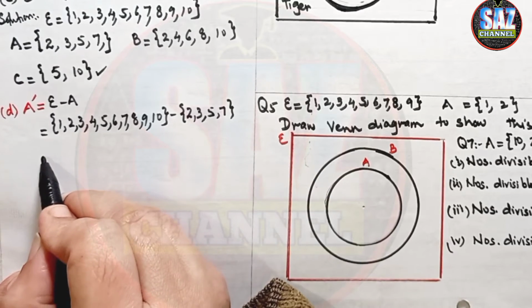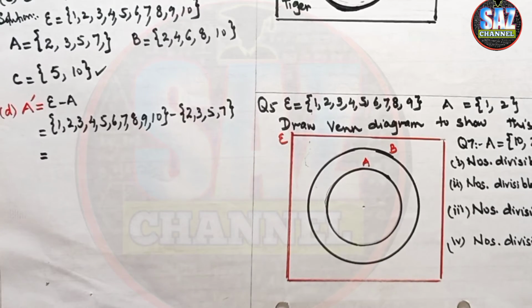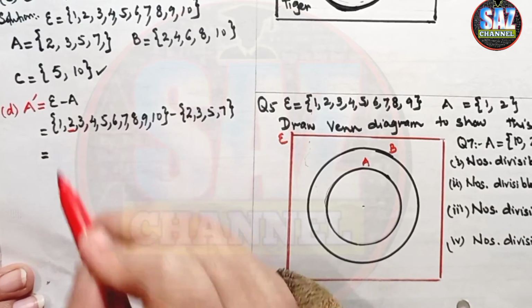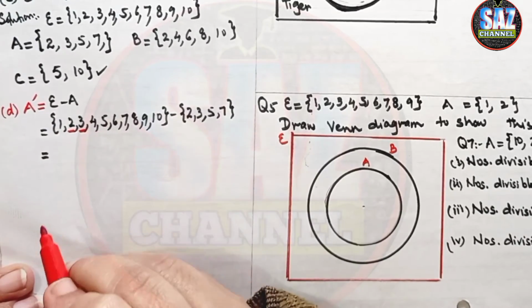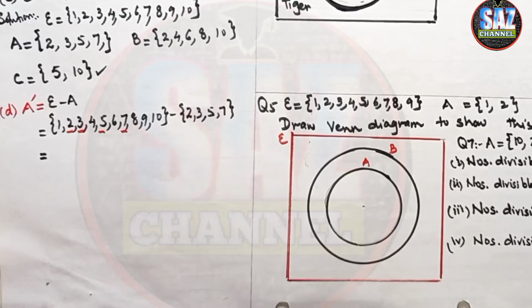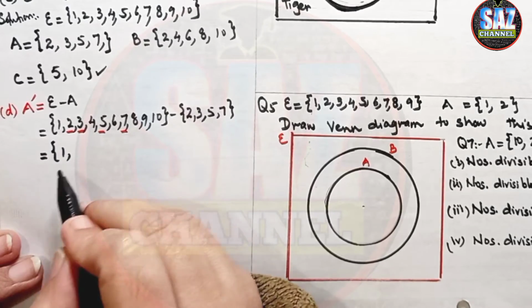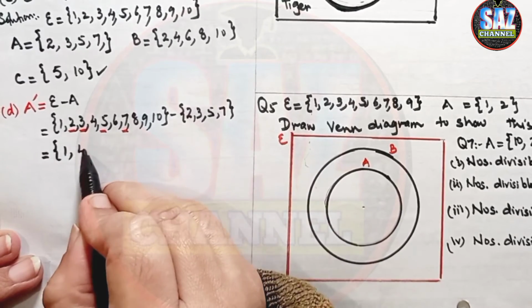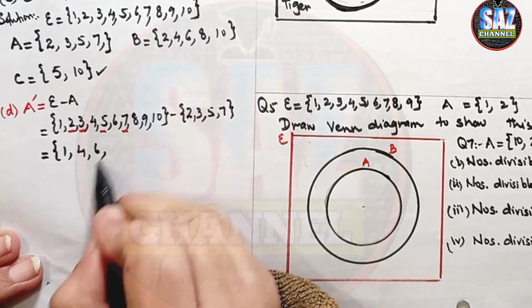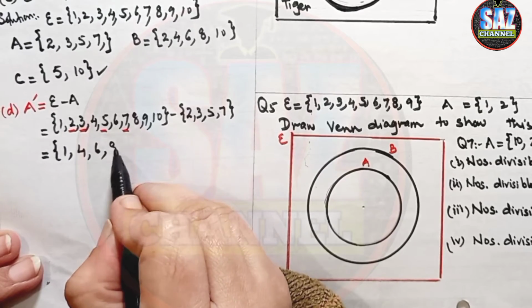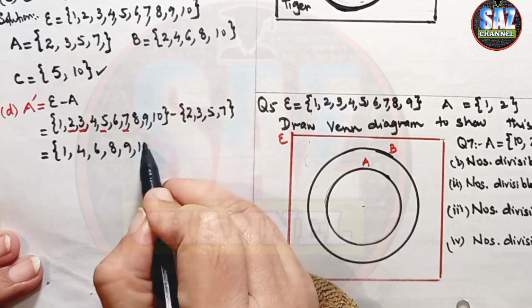Now the definition of the complement is the remaining elements of universal. So I will not be writing 2, 3, 5, and 7 in the answer. So the A complement will consist of 1, then I have to leave 2, 3, 4, then I have to leave 5, 6, then I have to leave 7, and then 8, 9, and 10.